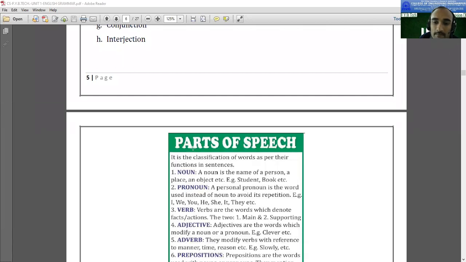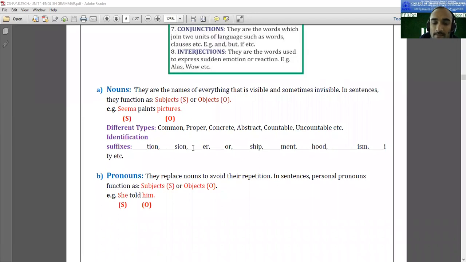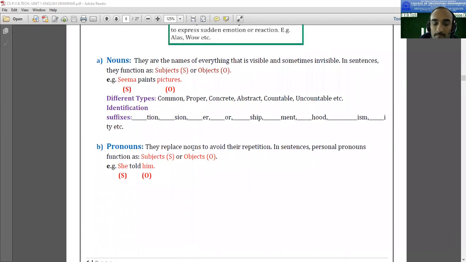Let us start with the first part of speech, that is noun. So can anybody tell me what is the noun? What is the noun? Anybody knows? We have learned it in the 5th standard itself.